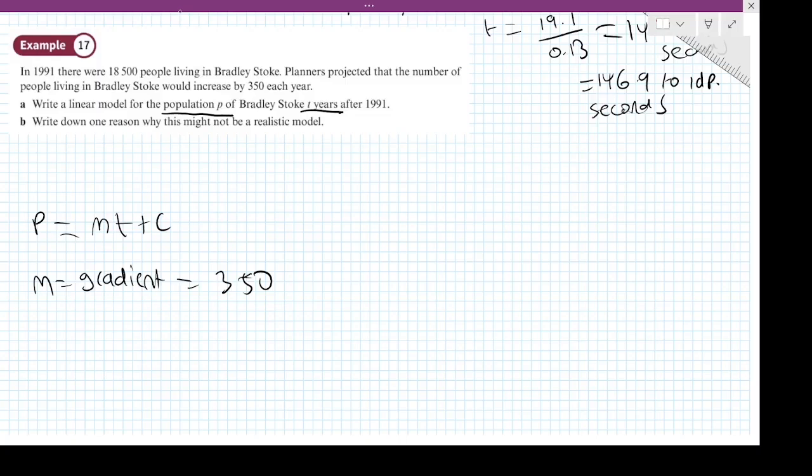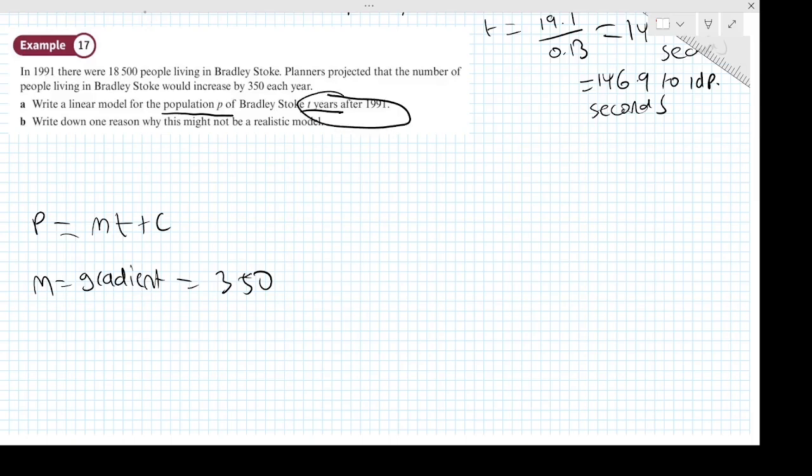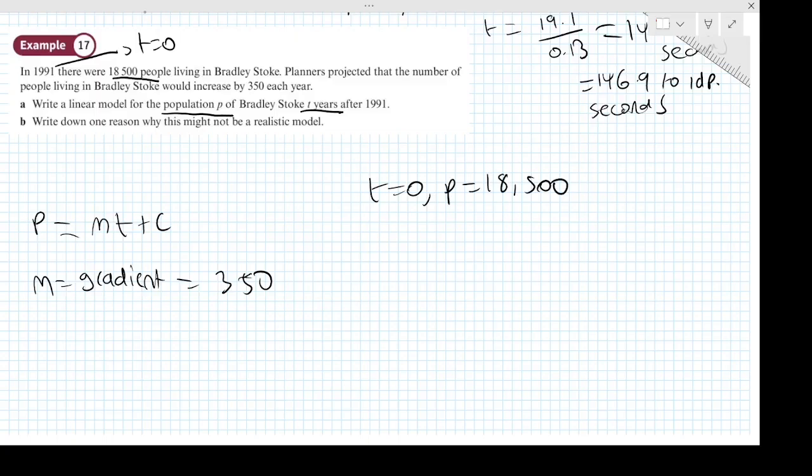In 1991, there were 18,500 people living in Bradley Stoke. Well, that's sort of the initial value, right? Because remember, T is the years after 1991. If it's in 1991, that's when T is equal to 0, because that's the start of it, right? 1991 is the start that we're looking at. So that means when T is 0, the population is 18,500.